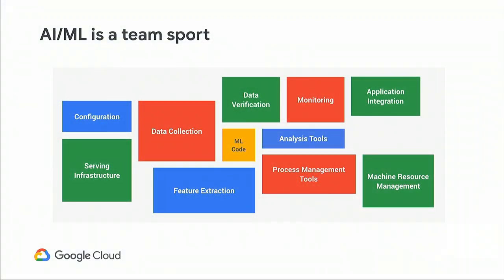When we think about AIML, we typically think about building models and training models. But in reality, AIML involves a lot more than building and training models. Typically, the ML code is a very small part of the end-to-end AIML toolchain. We need to recognize that AIML is a team sport. A lot of skills are needed in order to build an end-to-end AIML application.